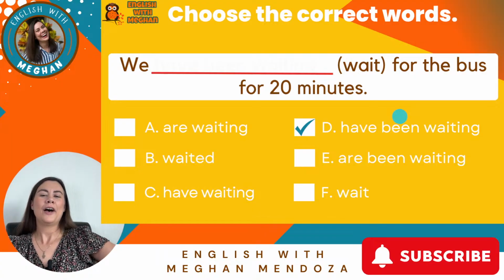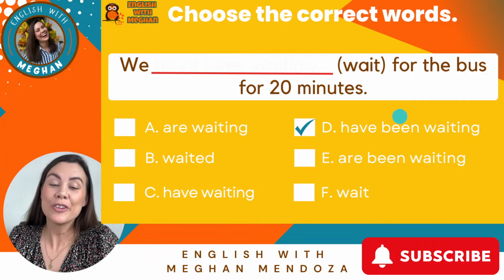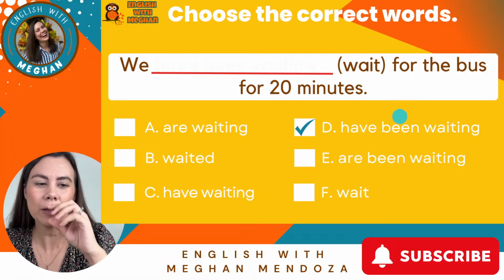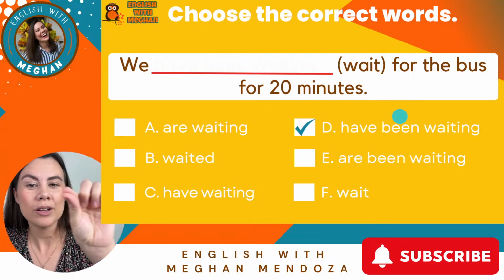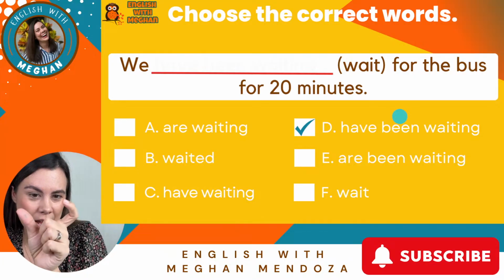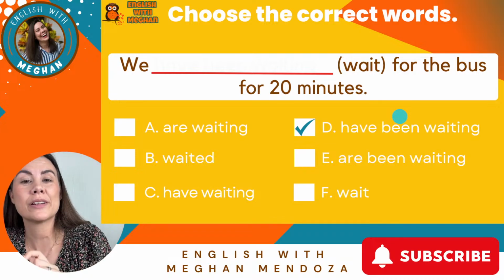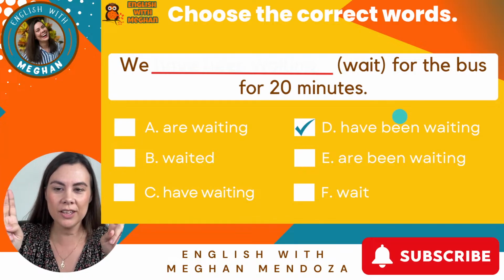Okay. It is have been waiting. Present perfect continuous. Why? Because we have for plus a period of time. So 20 minutes. Whenever we have for plus a period of time, you want to think present perfect tense.